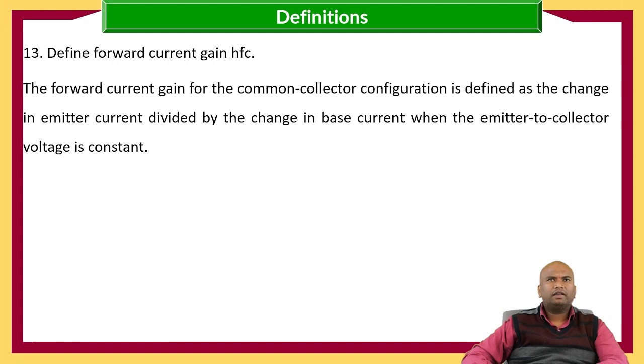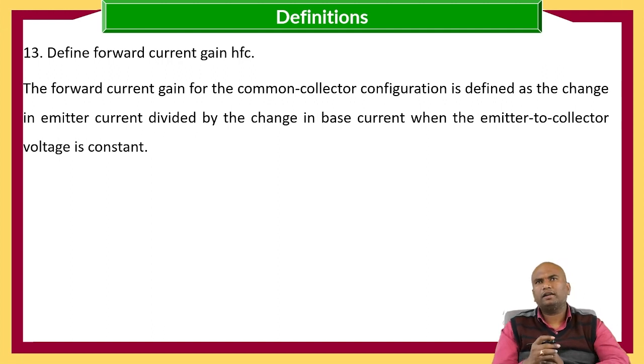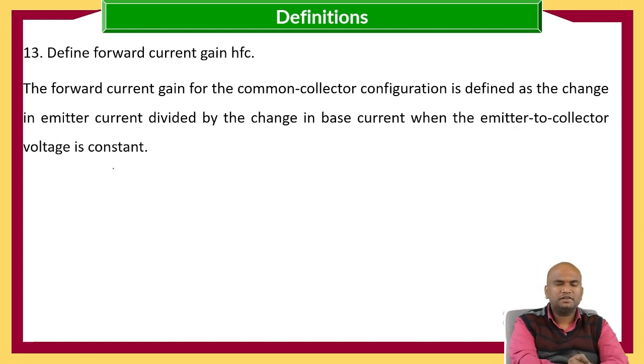Define forward current gain HFC. The forward current gain for the common collector configuration is defined as the change in emitter current divided by the change in base current when the emitter to collector voltage is constant. Here HFC, C is the common collector and F is forward.